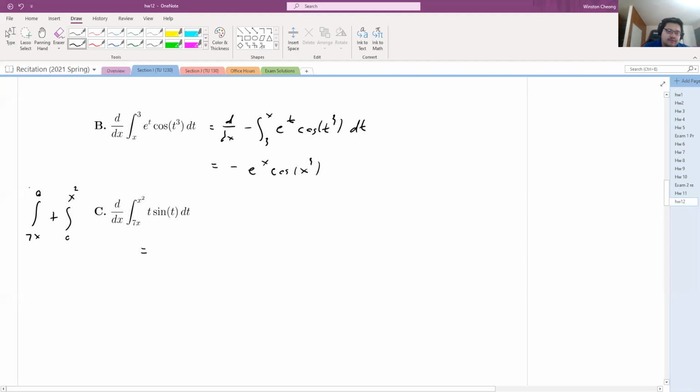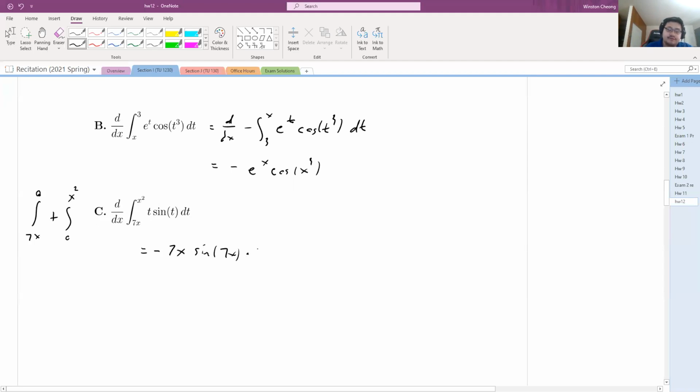So for the first one, you're going to have to put that negative. And here we also actually are introducing the chain rule part, the generalized aspect of the FTC part 1. So here, we're replacing t with 7x for the first integral. So that's going to be 7x sine of 7x.